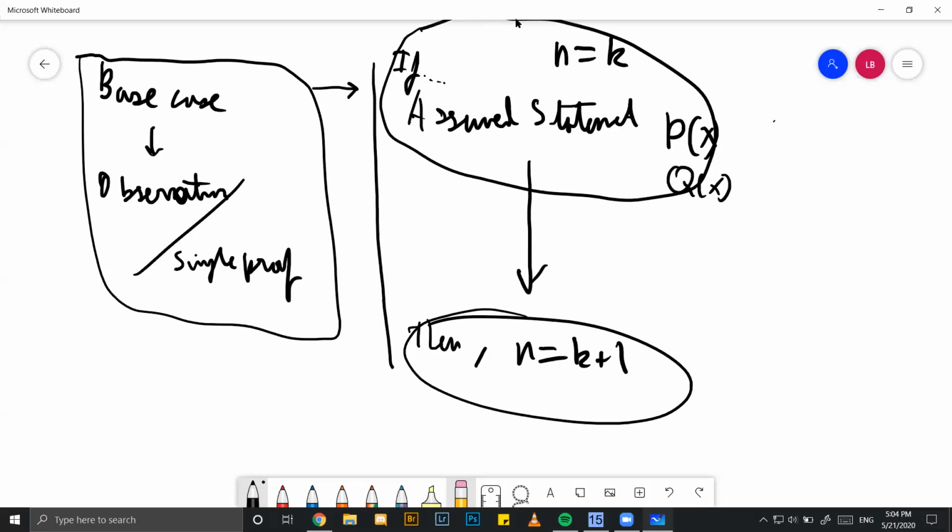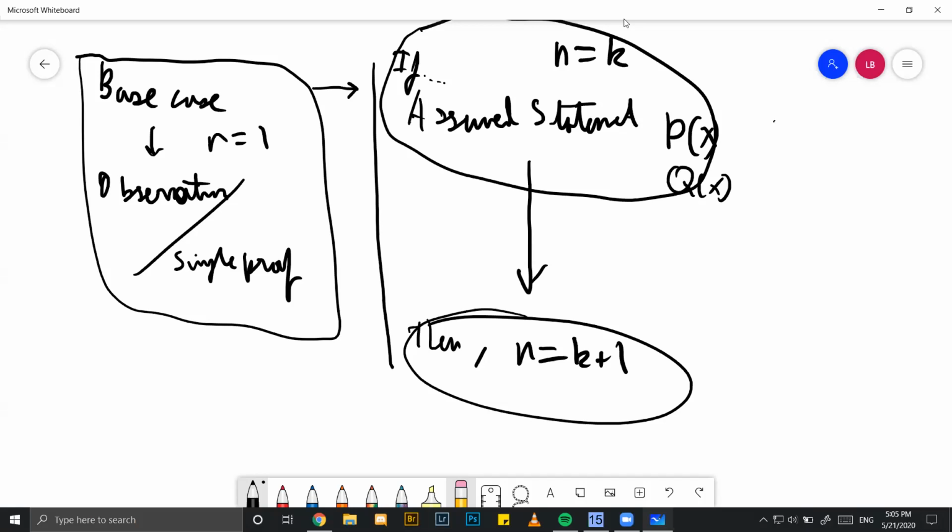So you show a base case, and then if assuming that n equals k is true you can show n equals k plus 1 is also true, then that's proven by mathematical induction. This should make sense, because say the base case is when n is equal to 1, and you've shown that if any n equals k is true, then n equals k plus 1 is also true.